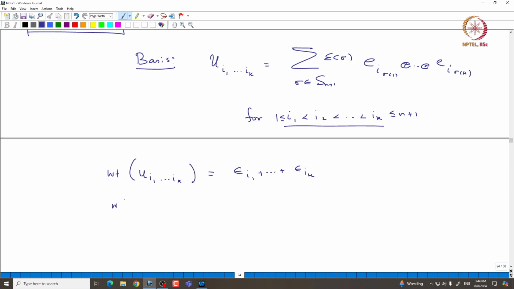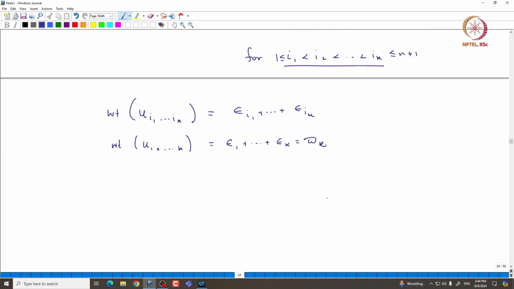So now what will be the weight of u 1, 2, etc. k? That is going to be exactly epsilon 1 plus etc. plus epsilon k, which is omega k. So it's not hard to prove that u 1 etc. u k is a highest weight vector.